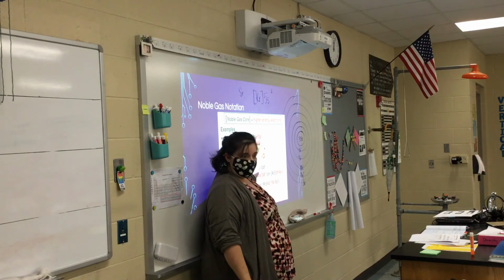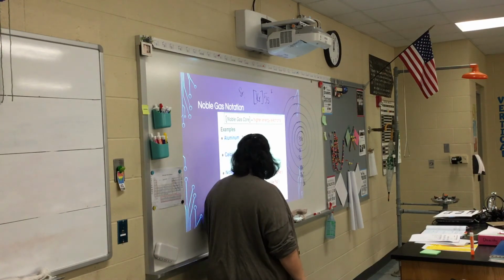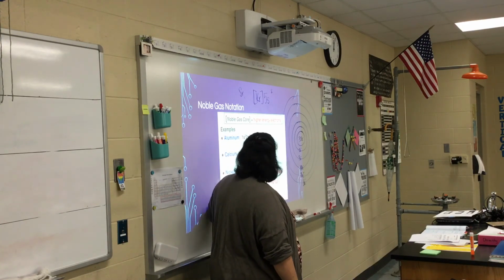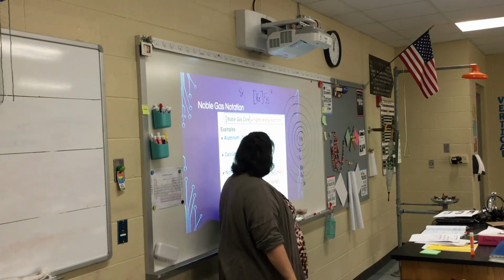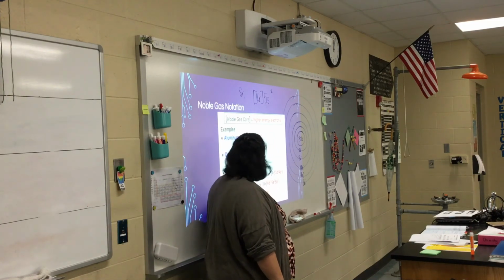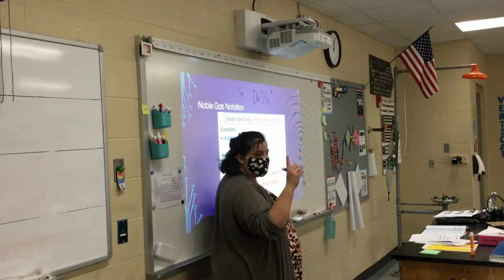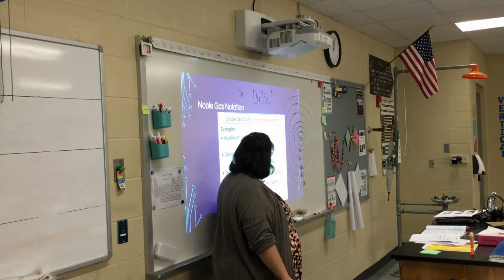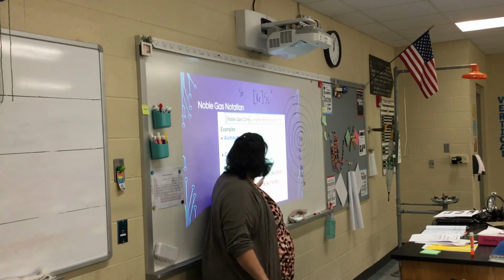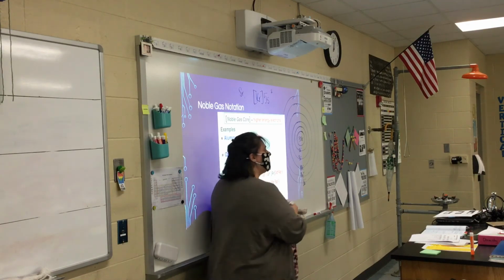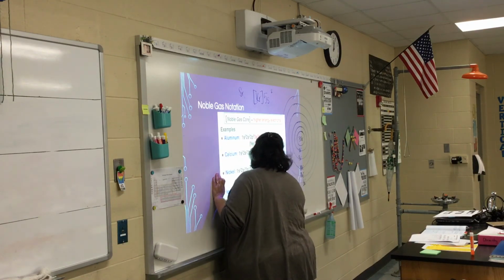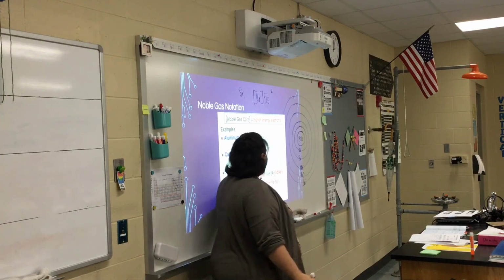So the highest number that ends in p6. Now let's look at nickel. Here's the electron configuration notation for nickel. 1s2, 2s2, 2p6. So there's a p6. 3s2, 3p6. That's higher. 4s2, 3d8. Here's my highest number with a p6. So this represents a core.